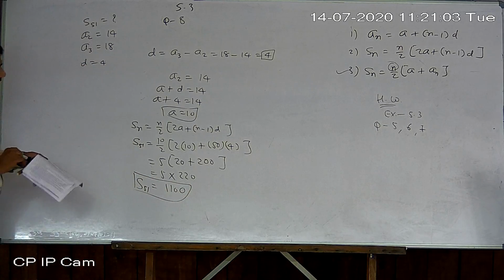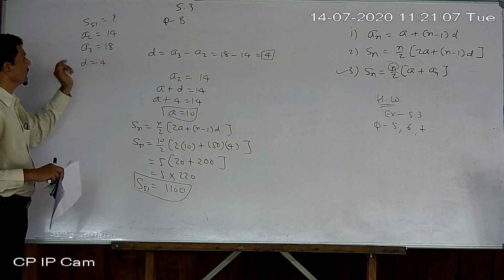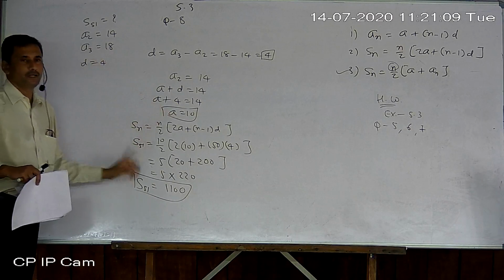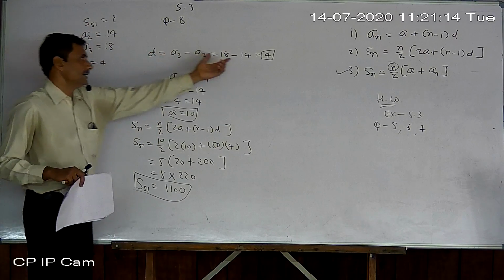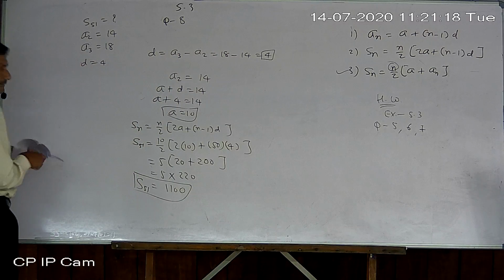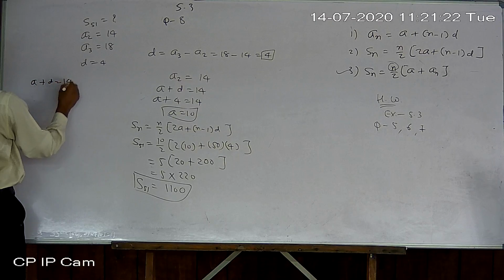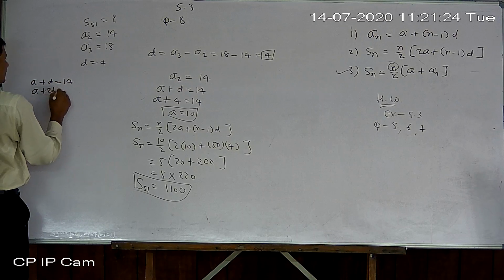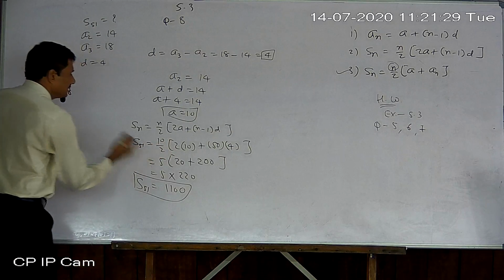But be careful here. We have to decide that first of all we have to find A only. After finding A, we can find S. So first of all, two consecutive terms are given, so we directly find D. Otherwise, you can get two equations also, no problem. If you want two equations, A plus 1D equal to 14 and A plus 2D equal to 18, you can solve simultaneously, get A and D. After getting A and D, just find this one.